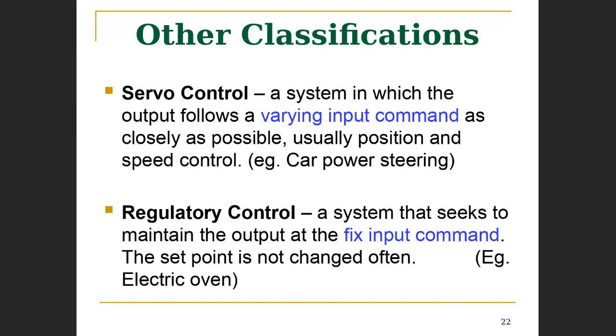So if we're talking about cars again, the power steering: when you turn the steering wheel, the front wheels must align with the positioning of the steering wheel, and it must do so in a very timely manner. So you should not see any delays in that movement. And so the quality of a servo system is how well the control variable can track the set point.